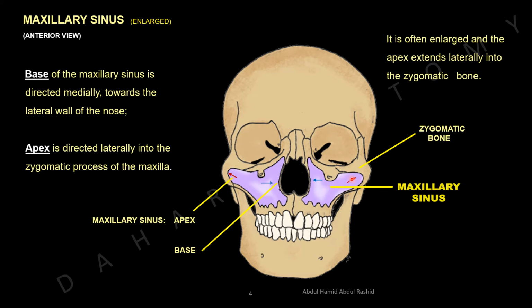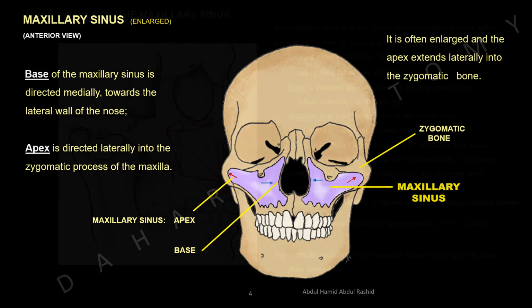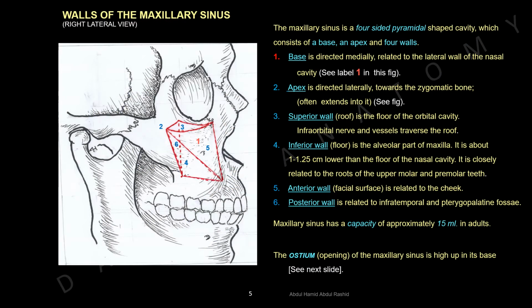You can see in this picture. Walls of the maxillary sinus. The maxillary sinus is a 4-sided pyramidal shaped cavity which consists of a base, an apex, and 4 walls. First is the base, in red color.